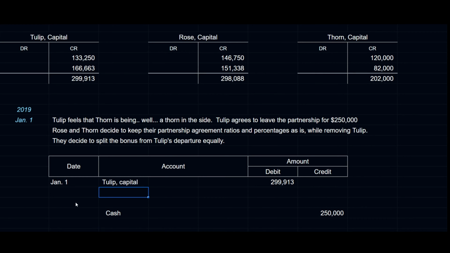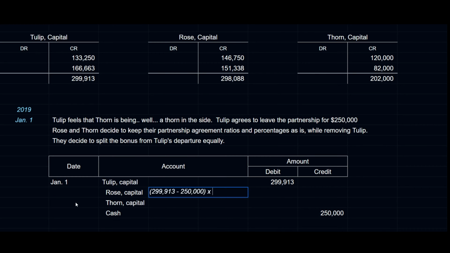It would appear from this transaction that Rose and Thorn are getting a bit of a bonus. So their capital amounts are going to increase. Rose capital is going to be credited and Thorn capital. They've decided to split this bonus equally from reading the narrative. So let's do the math. We would take the $299,913 and subtract the $250,000 payout.